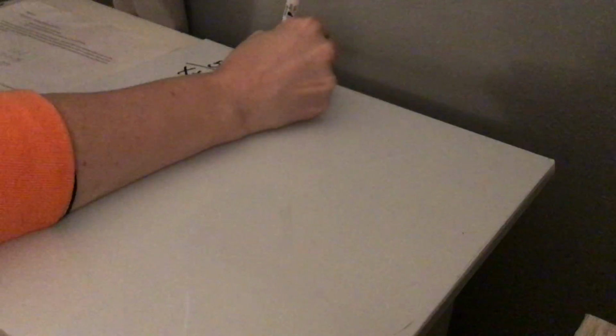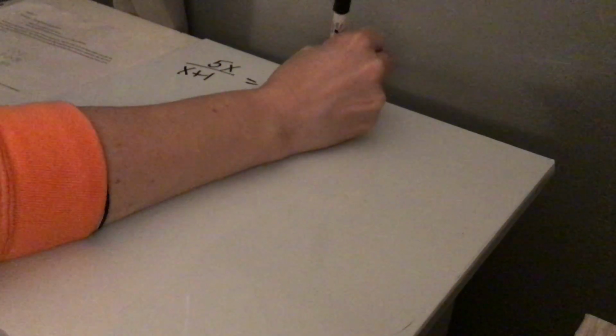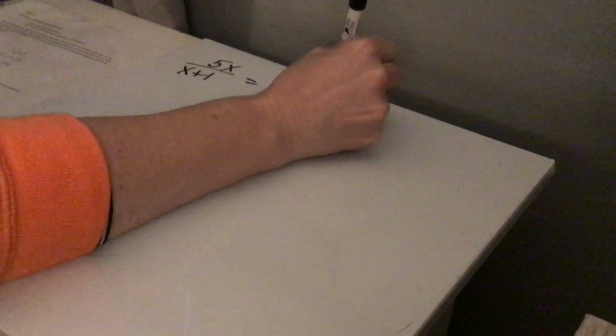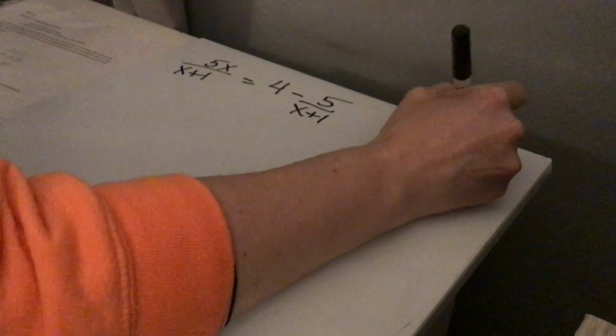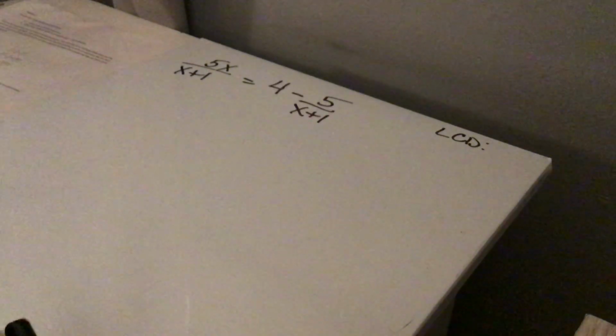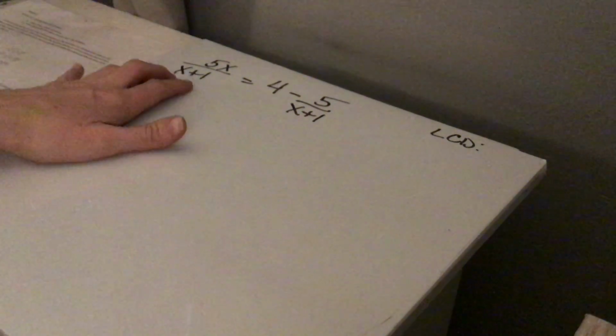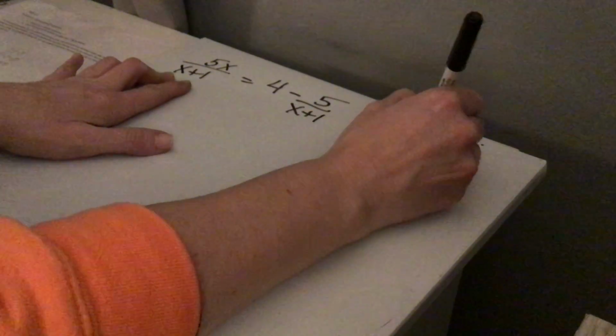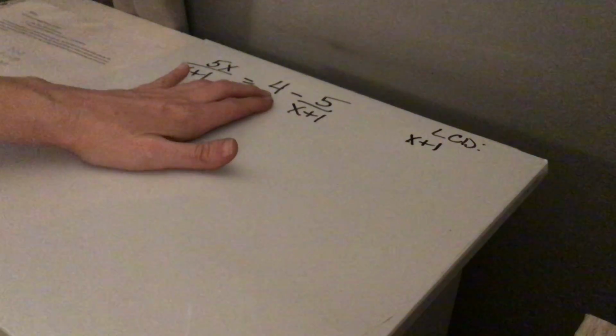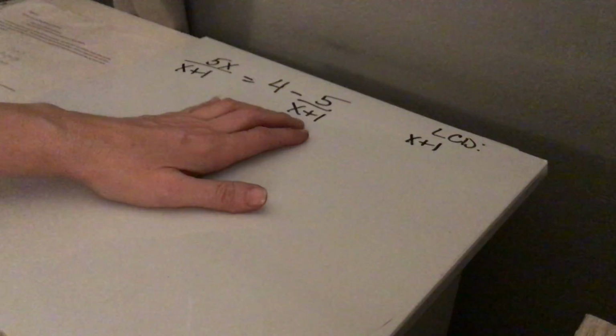Okay, so we have 5x over x plus 1. That's equal to 4 minus 5 over x plus 1. First step, find your least common denominator. Well, the denominator here is x plus 1. The denominator here is 1. And then x plus 1.